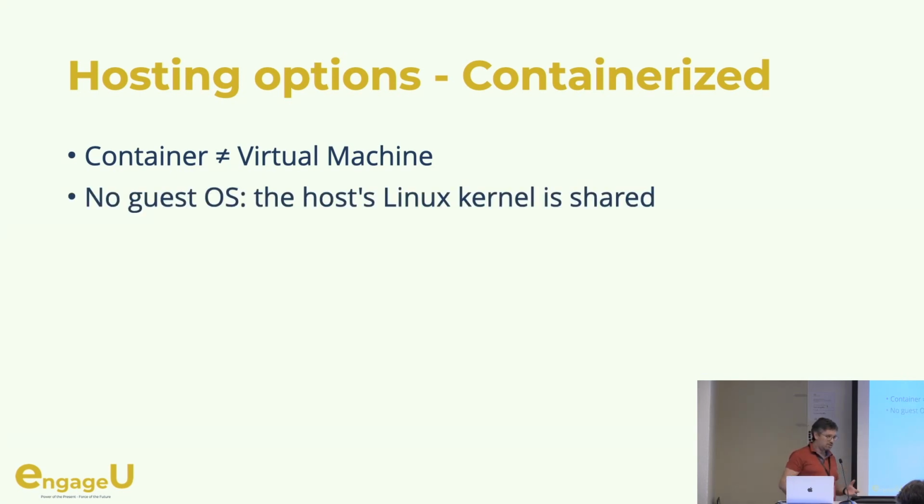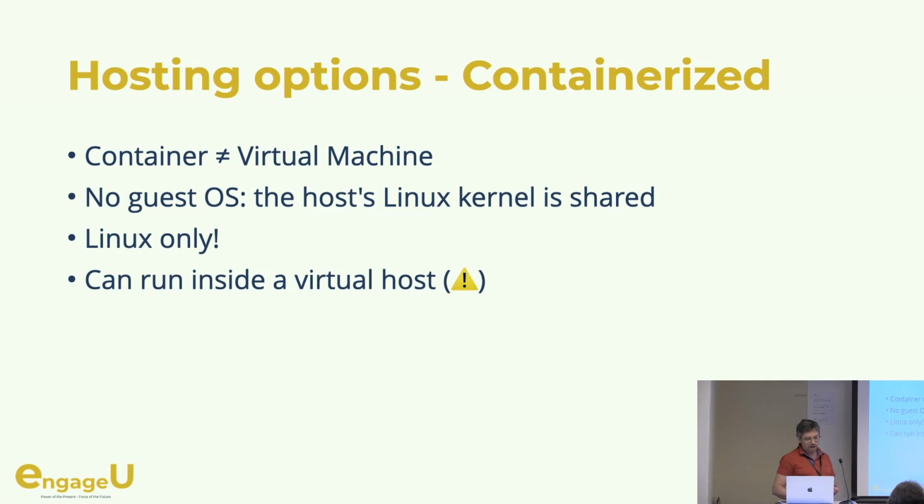There's no guest OS. It's using the shared host Linux kernel to run everything, to access the network and things like that. It's Linux only. You can run it inside a virtual machine, because if you run a virtual server in Linux, you will be able to install Docker and run containers inside that virtual host.